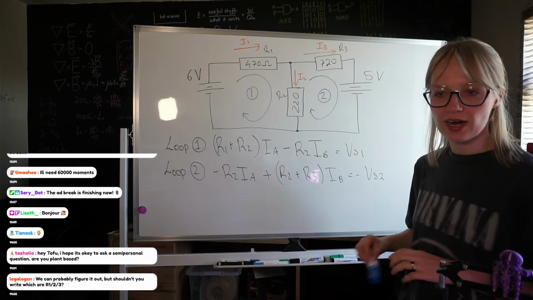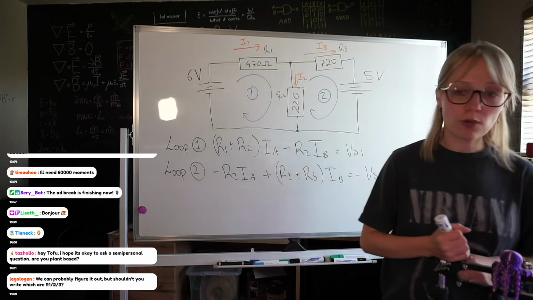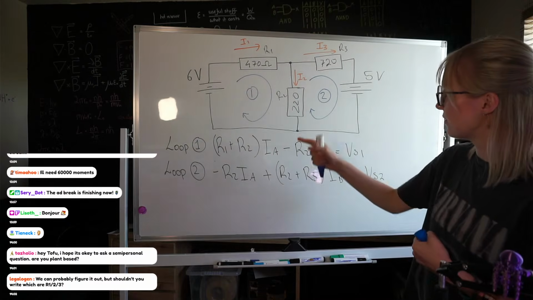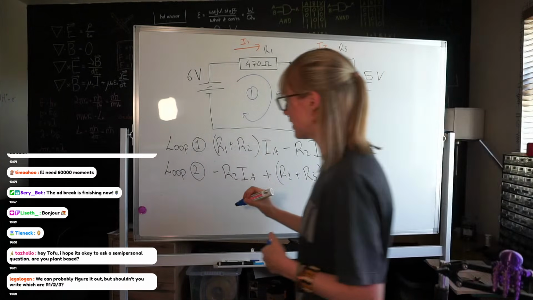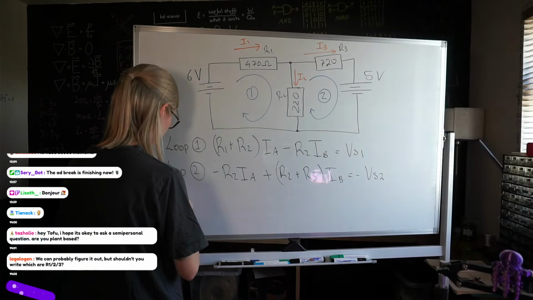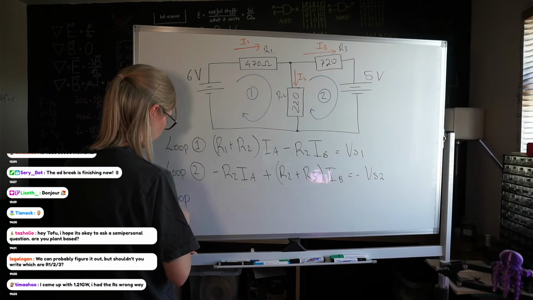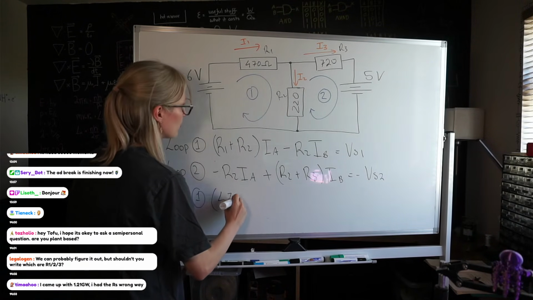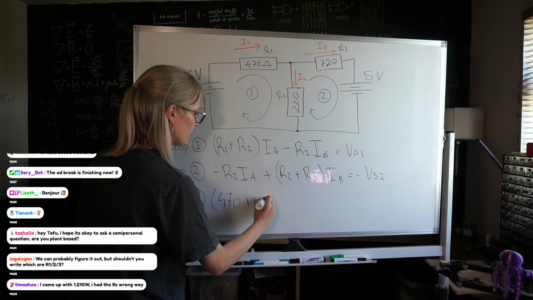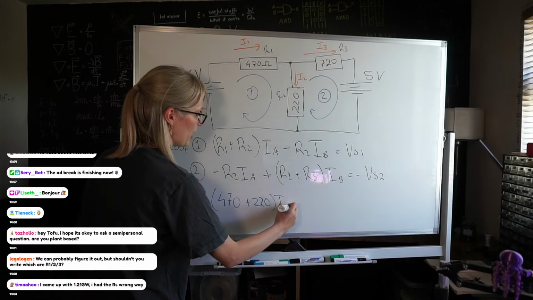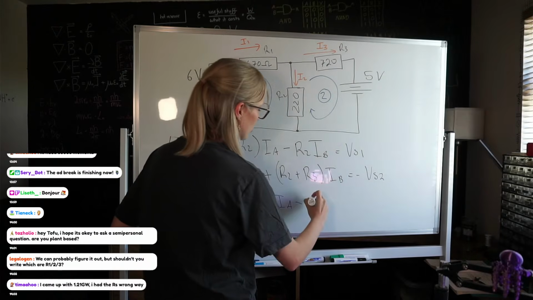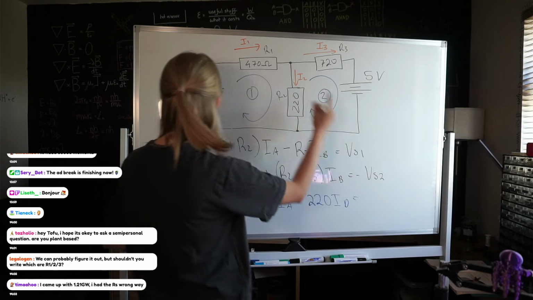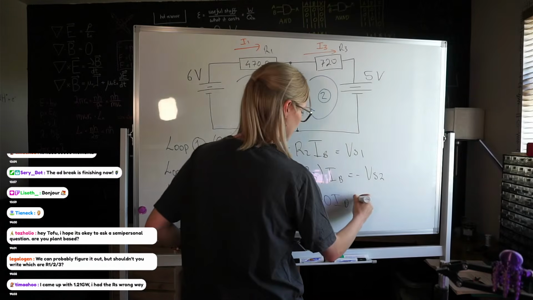Okay, so these are our equations that we have at the moment. What we can do is sub in our numbers. So let's solve for loop 1 in this case. Let's sub in all our numbers. That becomes 470 plus 220 times IA minus 220 times IB, voltage source 1 volts.